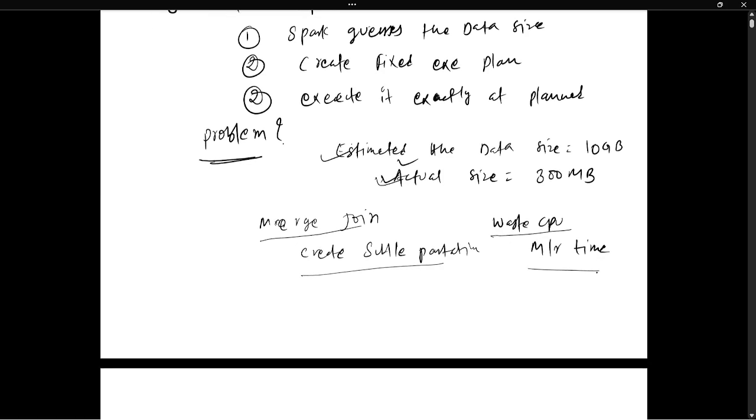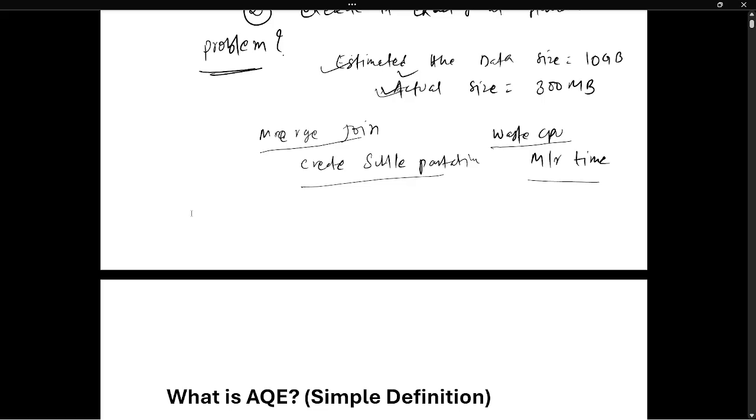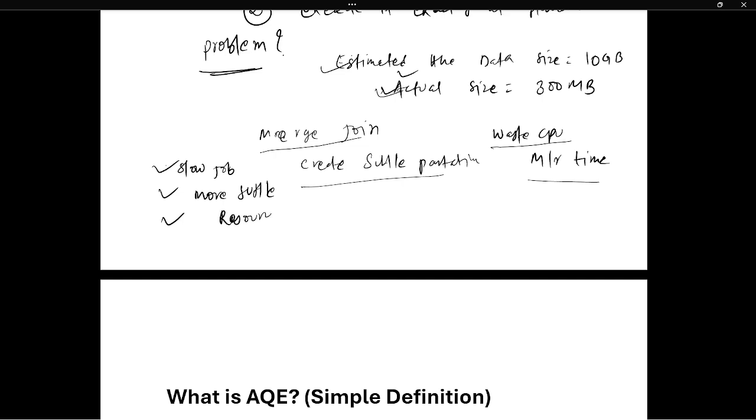Because of the wrong estimations, we are getting a slow job. The first issue was a slow job. The other problem was more shuffle, and the third problem was resource waste.